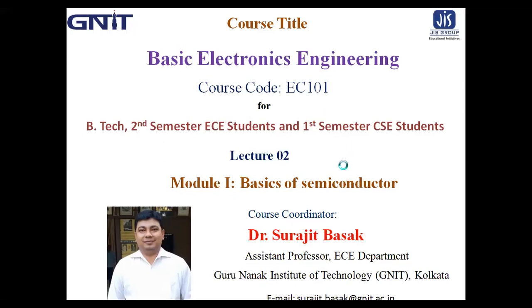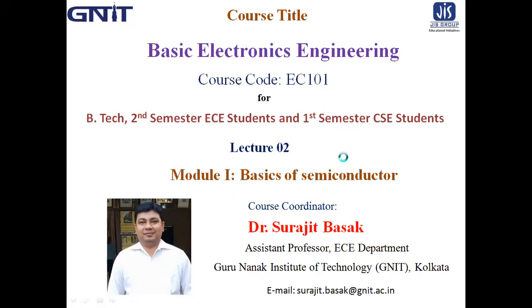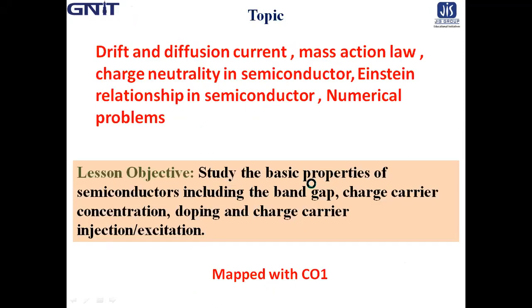So let us start lecture number 2 from module 1, basics of semiconductor. Today's topics are drift and diffusion current, mass action law, charge neutrality in semiconductor, Einstein relation in semiconductor, and a few numerical problems based on drift and diffusion and Fermi energy level.